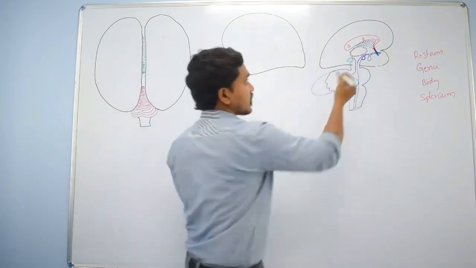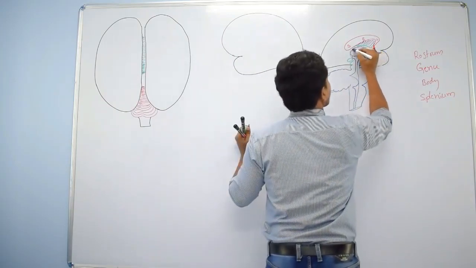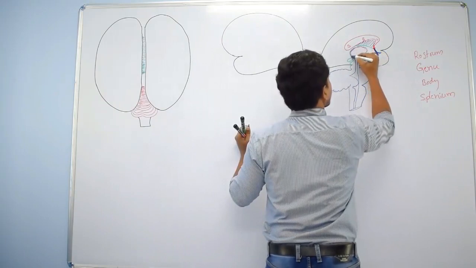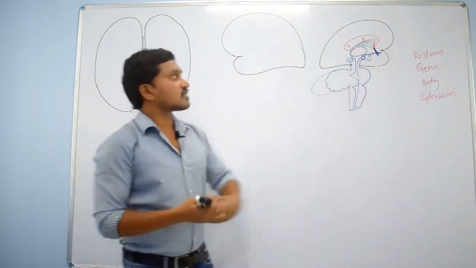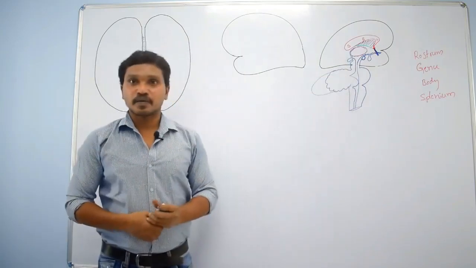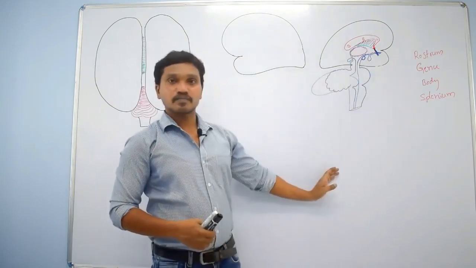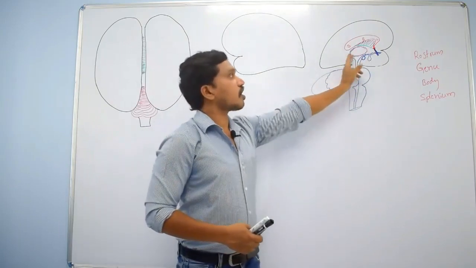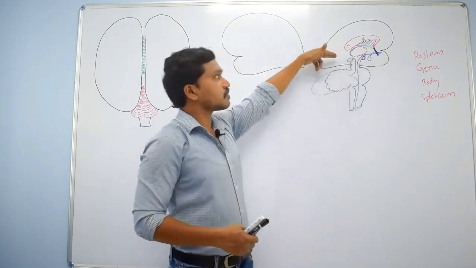Okay, I will draw with this same color only, so that it will be good. So like this structure you can see, but if you want to see the total medial surface, we have to remove all these structures. That means we have to make a section along the midbrain.